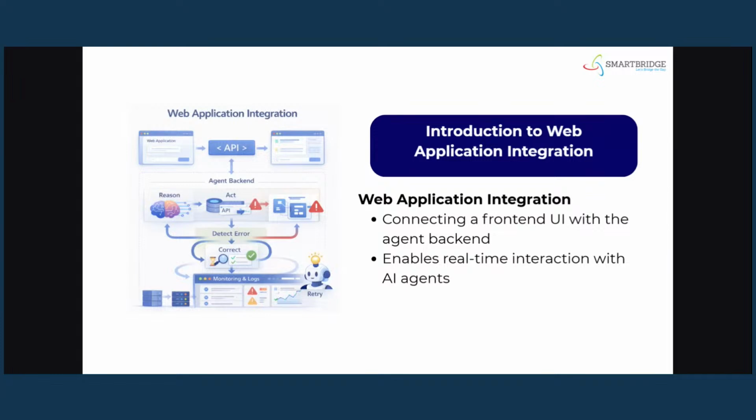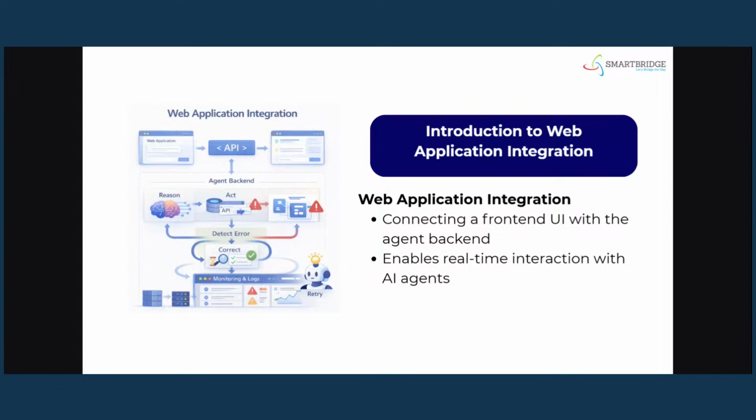If the integration between the web app and the AI backend is weak, the whole experience feels slow, confusing and broken. Think about any website that feels smooth and responsive. You type something and get a clear response quickly. Behind that smooth experience is a well integrated backend.